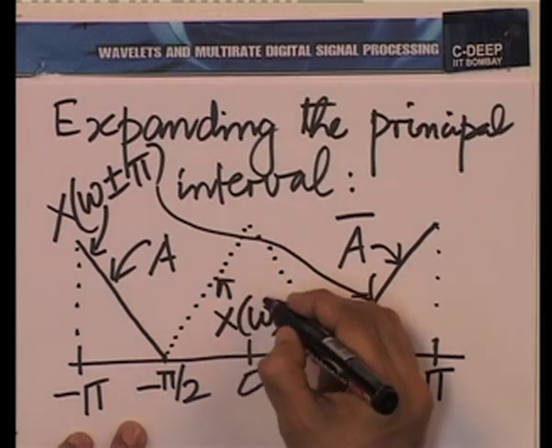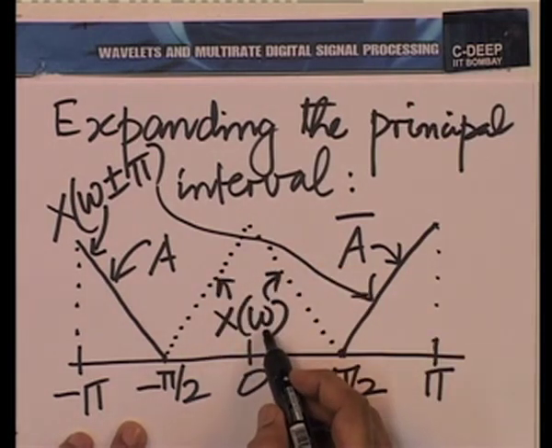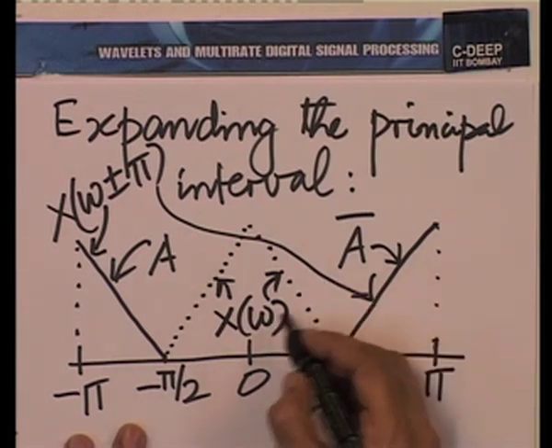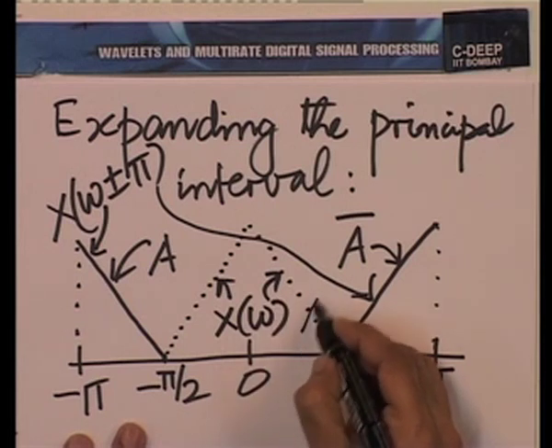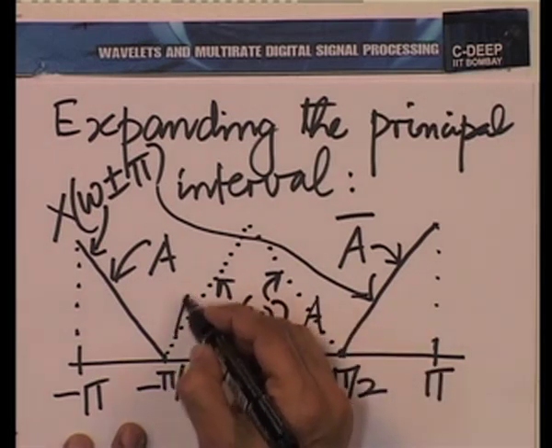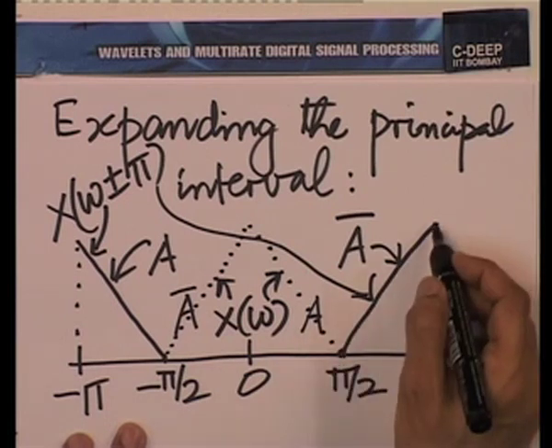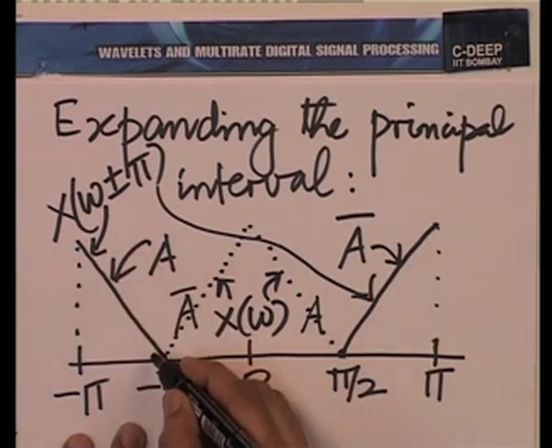Again, forgive the abuse of notation where we have replaced e raised to the power j omega by just omega for clarity here. All right. So, in X of omega you had A here and A bar there, and now you have A bar here and A there.